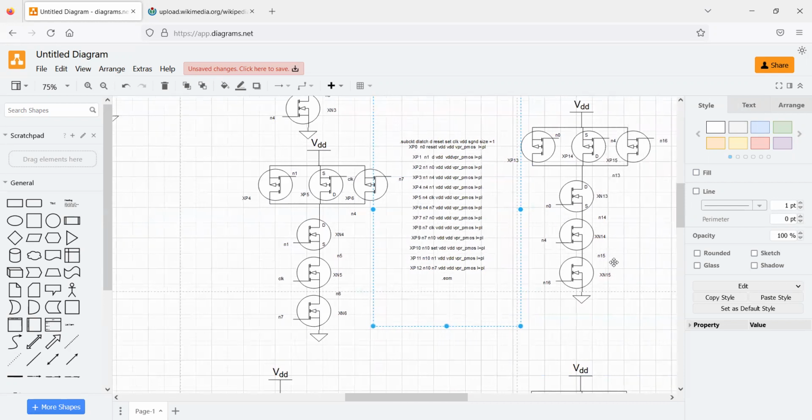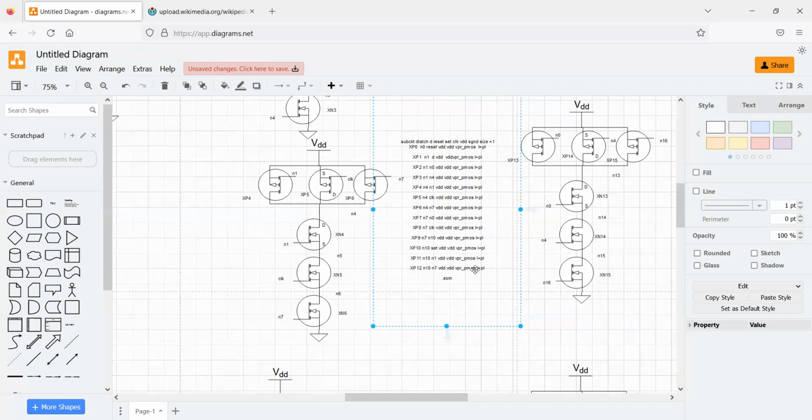Then we have XP13, XP14, and XP15. So for XP13, it goes from N13 to N0 to VDD.